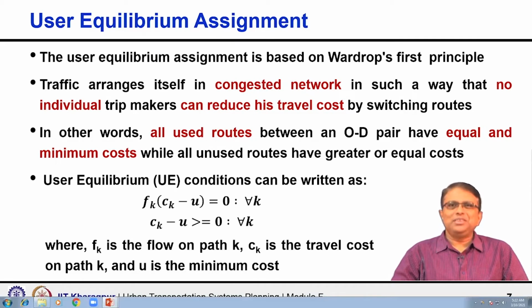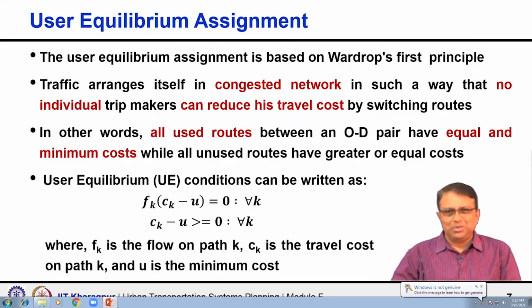If people are using a particular path k, then under equilibrium that is also a minimum path. If that is not a minimum path, then people would have shifted to the minimum path. When no more shifting is happening, that means the travel time is the minimum. So, then C_k is equal to u, so C_k minus u equals 0.